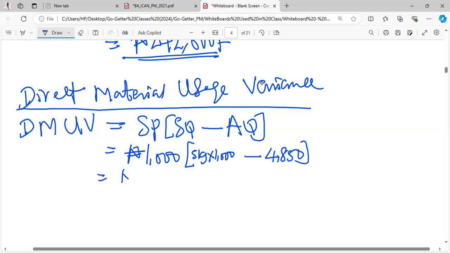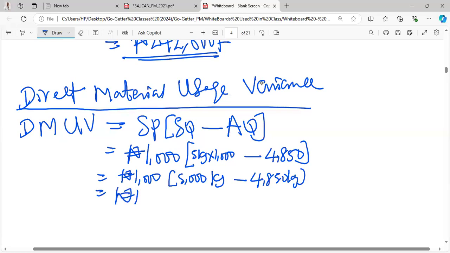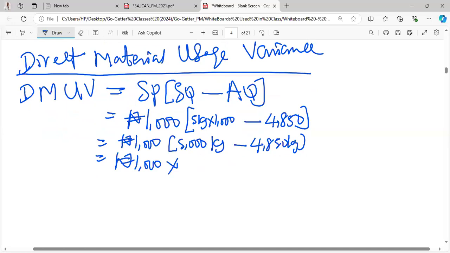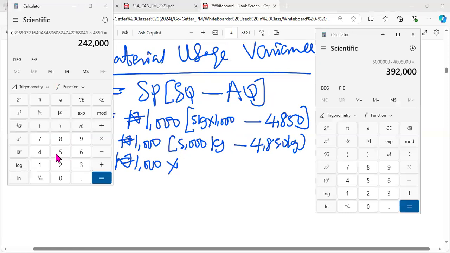So this is as good as saying this is 5,000 kg minus 4,850 kg. So this is like saying 1,000 naira multiplied by, what do we have here? Okay, I will say 5,000 minus 4,850, and that gives me 150.